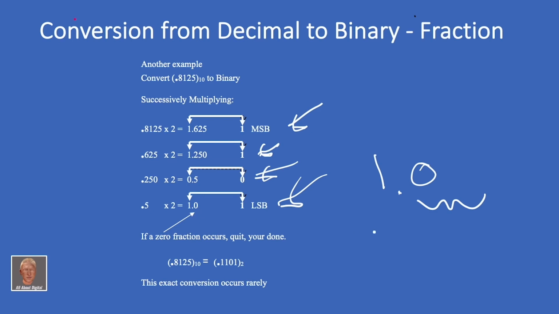That 0 indicates that's an exact conversion. Okay? So then we can say that 0.8125 base 10 is equal to 0.1101 base 2. Exactly equal to. So it's exact. In the real world, it occurs rarely.